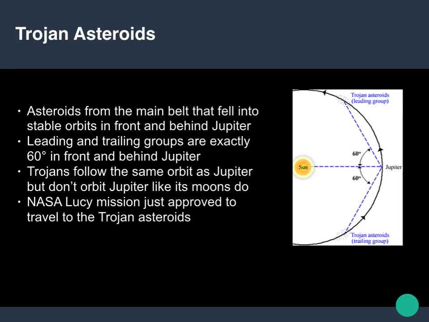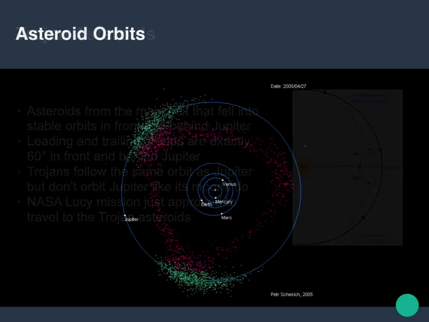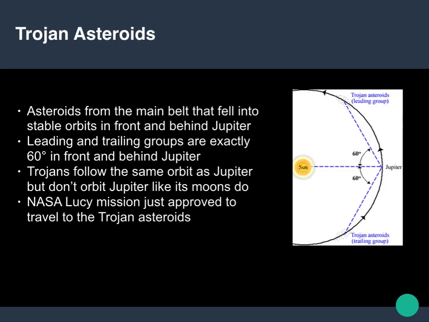We have another population of asteroids called the Trojan Asteroids, which is interesting for me because later on I'm going to be working on part of one of the missions to travel to the Trojan Asteroids to study them. These asteroids travel in front and behind of Jupiter, so this here is Jupiter's orbit along this line.